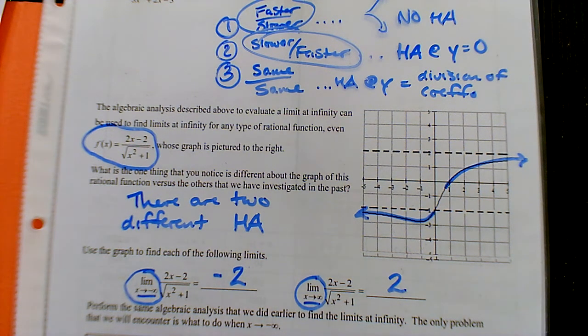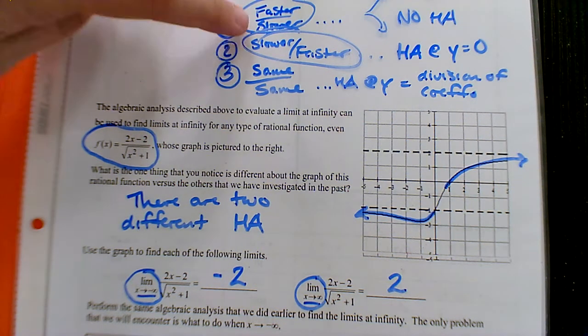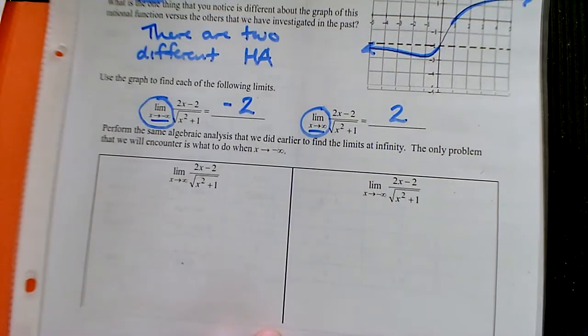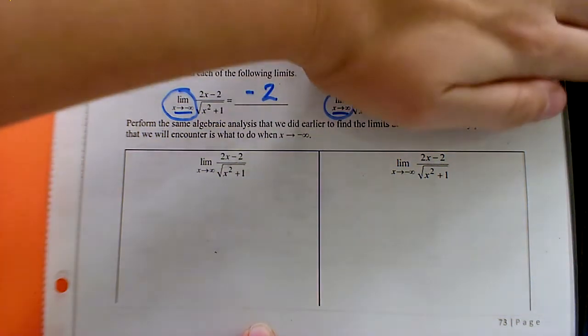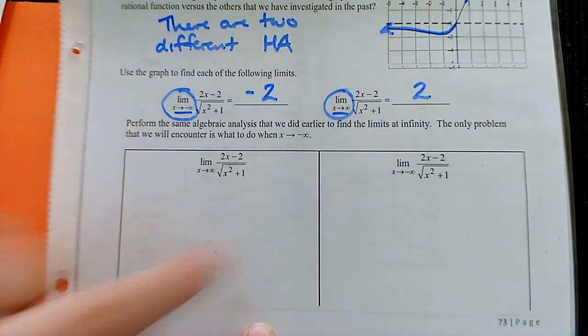So what we're going to do is try to figure out where is this -2 coming from, where is this +2 coming from, based off of this kind of growth rate idea, but also analyzing the equation itself. Okay? So take a look. We have the same equation at the bottom in the two boxes. We're going to try to do this by hand. Let's say we didn't have the graph to figure out those asymptotes. What if we just had the equation?